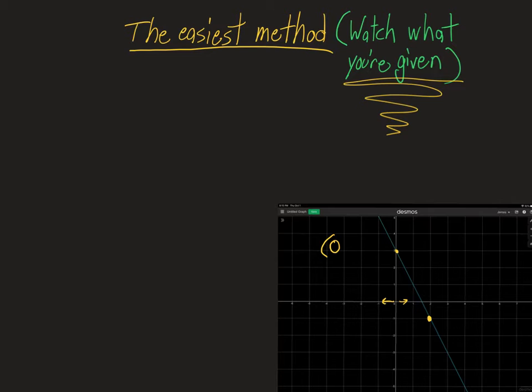There's no x value. It just went upwards for a value of 3. So that's 0, 3. The other point has an x value of 2, and then it went down to negative 1. So let's pretend we didn't have that graph, and all we had were these 2 points. Would we be able to figure out the equation of that graph just given those points?